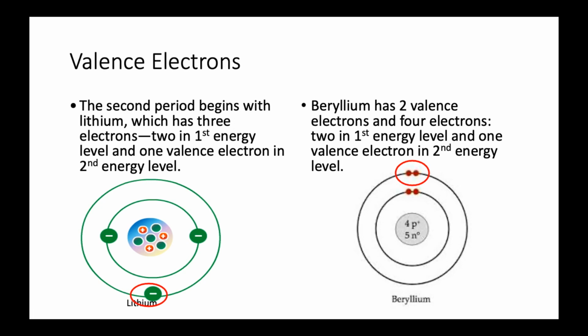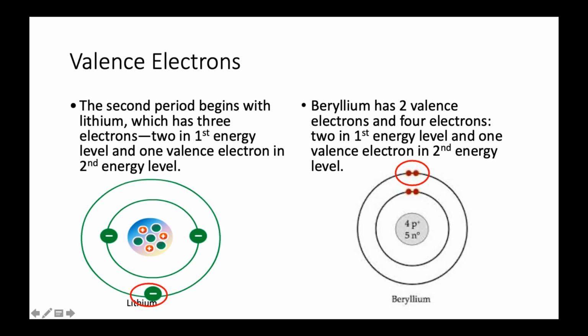But lithium is in group 1, the first column, so it only has 1 electron in the outer energy level. So I have 1, 2, 3 electrons for lithium, but 1 in the outer energy level, or 1 valence electron.